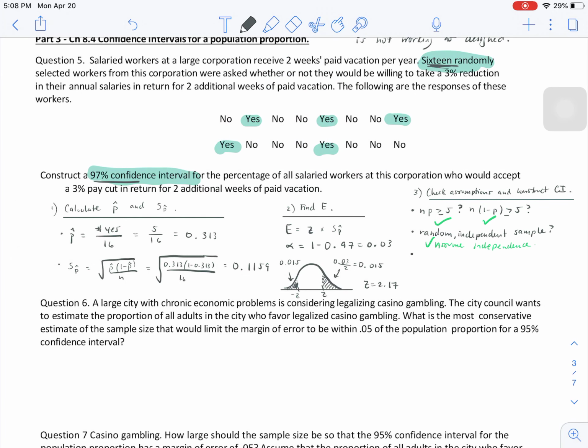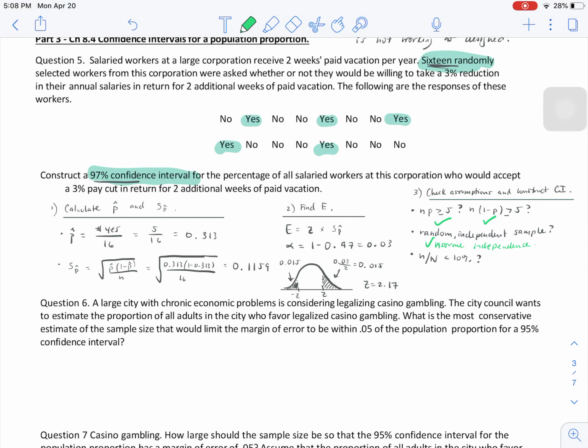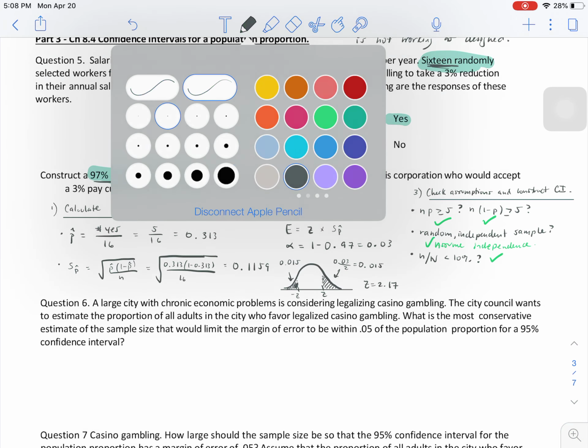And then, is our sample size less than 10% of our population? Well, it says it's a large corporation, and our sample is 16. So a large corporation, I would imagine, several hundred workers at least. So 16 is definitely less than 10% of several hundred. So this is good. So that's all our assumptions.